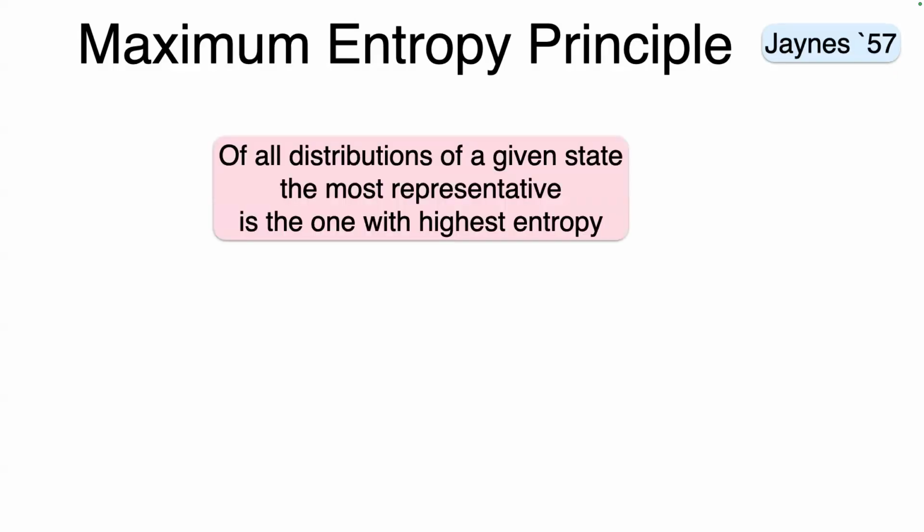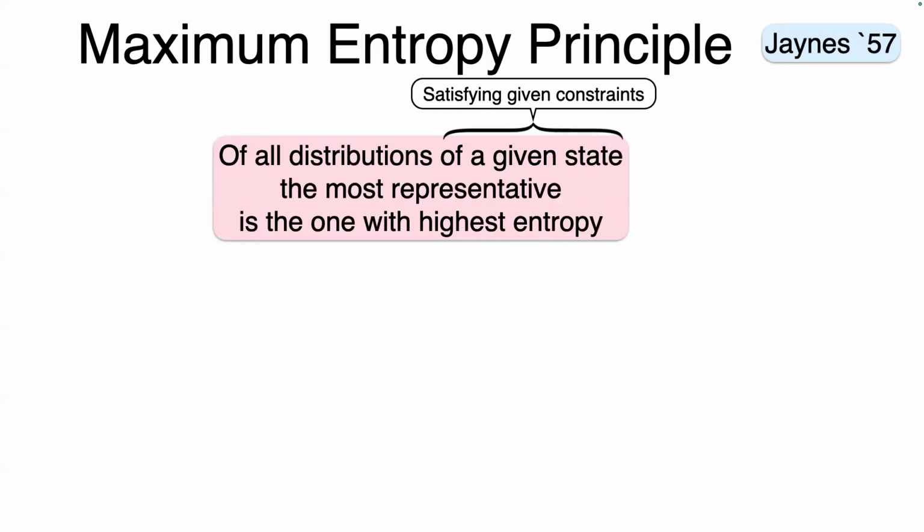Who has heard of the maximum entropy principle? There's something called the maximum entropy principle. It goes back 50, 60, maybe 70 years, and it's due to Jaynes. It says that of all distributions that satisfy a given constraint, you look at all distributions, you take samples, and you see that the average is 10.